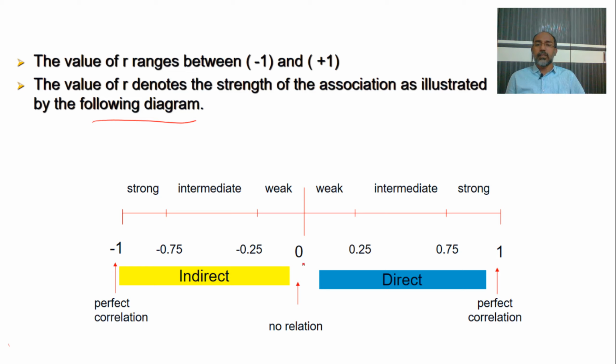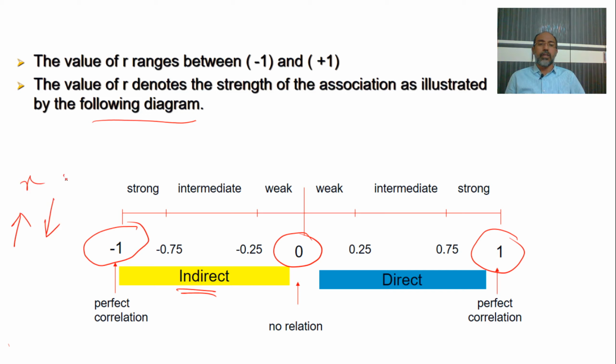This is -1, this is 0, this is 1. From -1 to 0 is an indirect relation: if X is growing, then definitely Y is declining. This is an indirect proportion. And this is a direct relation.